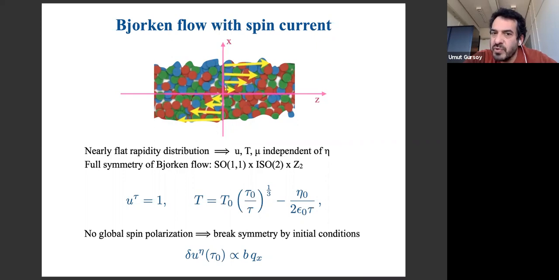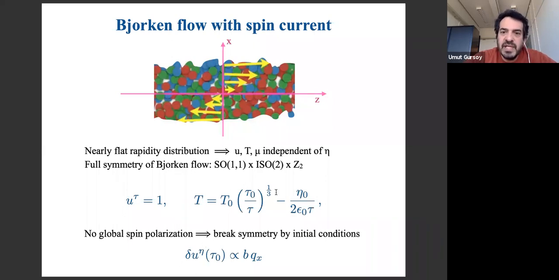So that should be proportional to that, and this little b is just the impact parameter. In the case when the impact parameter goes to 0, you are not going to get this situation. So these initial conditions already break this Bjorken flow. What we have to be looking at is some Bjorken flow with some perturbation. So this is the perturbation itself.